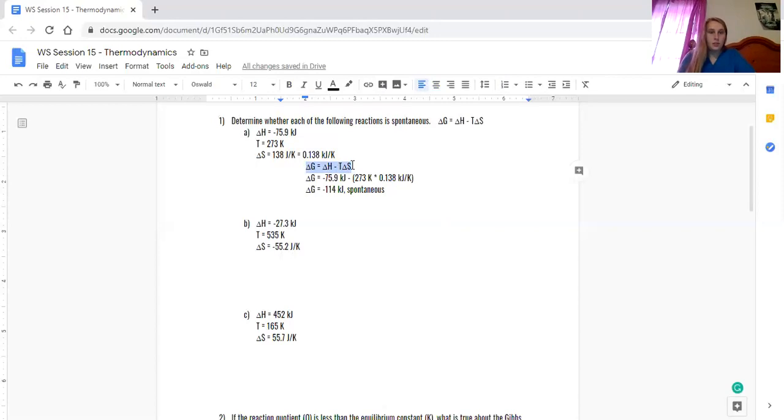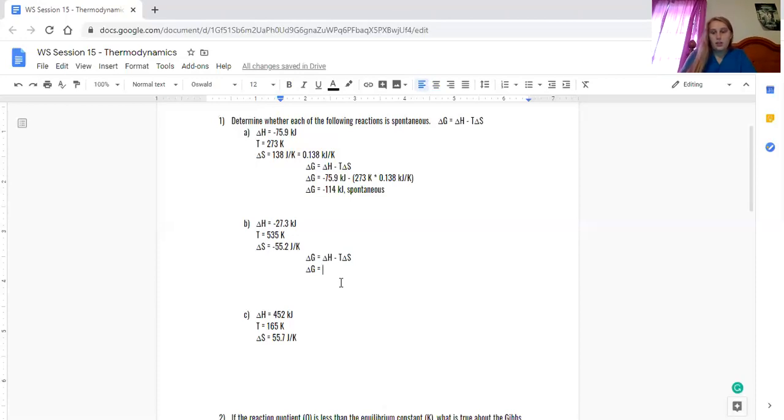Same equation as before, because we have the same information and we're trying to find the same thing. So this will be a chance for you guys to practice this again. So we have delta H. Just like before, we're going to plug it in.